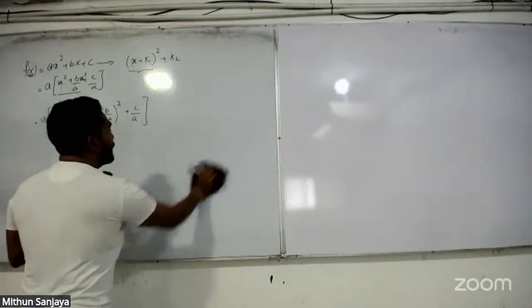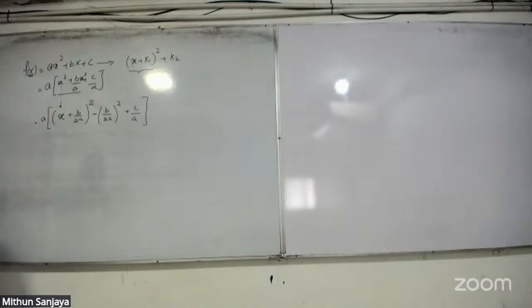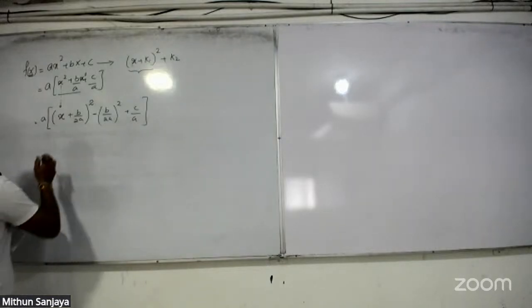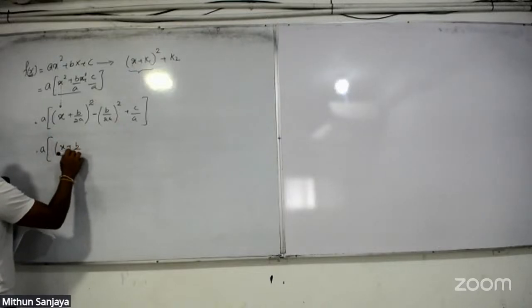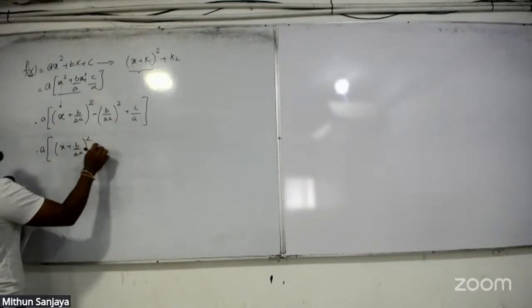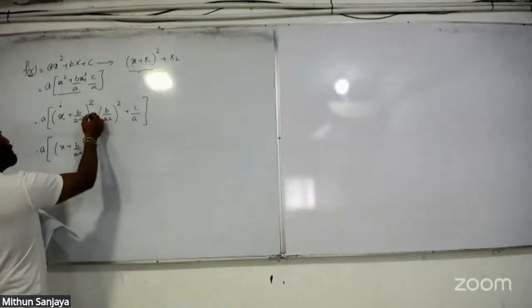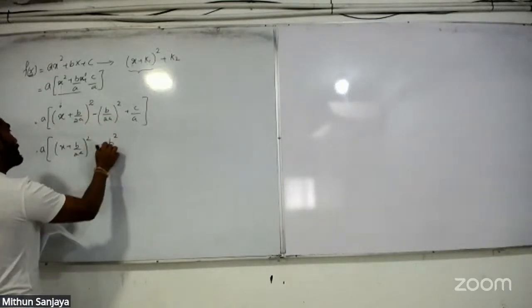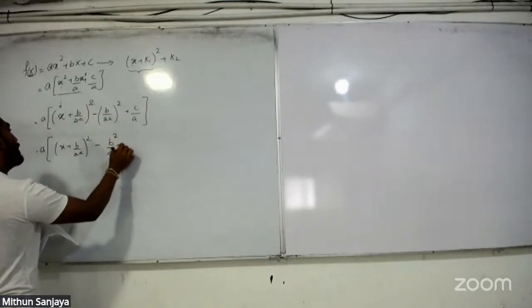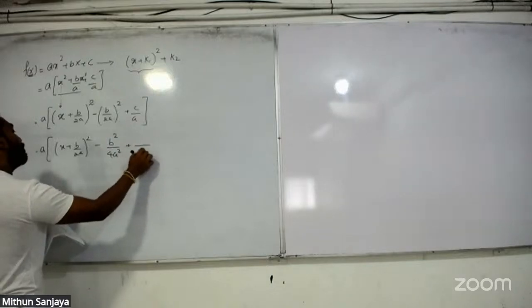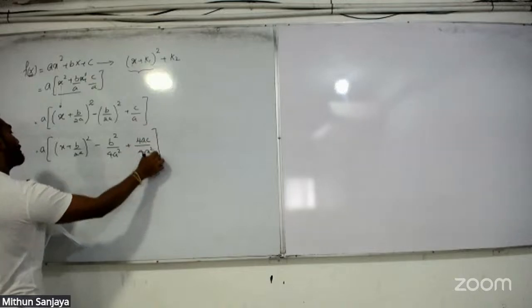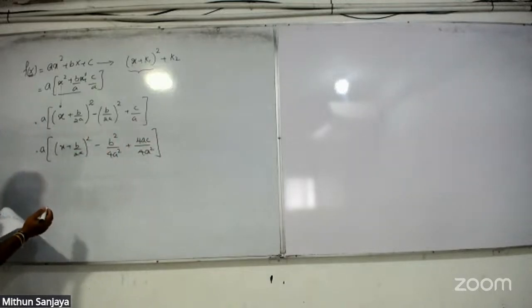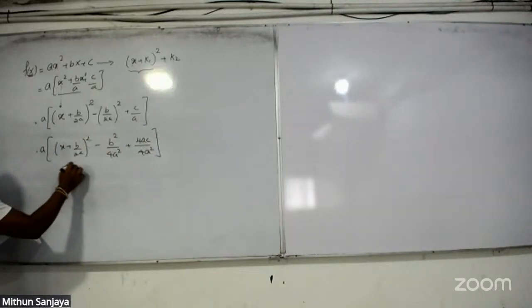Now here we have some simplifications. a times x plus b over 2a square minus b square over 4a square, and when we multiply by 4a we have 4a. Then you can write the answer like this.